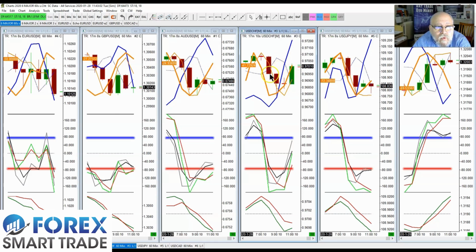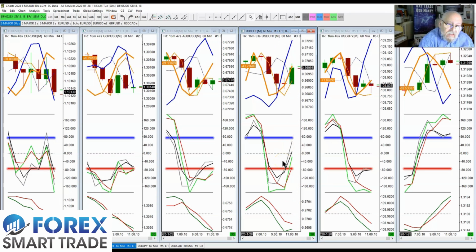So I got 3 out of the 4 in the TNTs, and I've got a turn. I've got kind of sideways pressure where green is coming up. So I am going to count that as a point. So I've got 7 points here. So that's USD CHF. But what did we say earlier on?